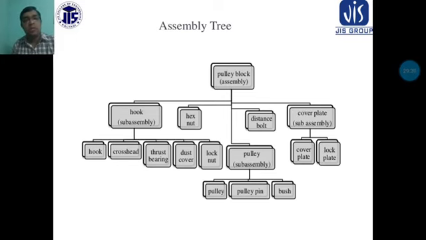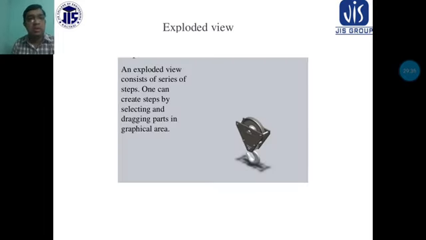Similarly, you have to assemble the different components of the engines. You can see here the exploded view. An exploded view consists of a series of steps. One can create a step by selecting and dragging parts in the graphical area.